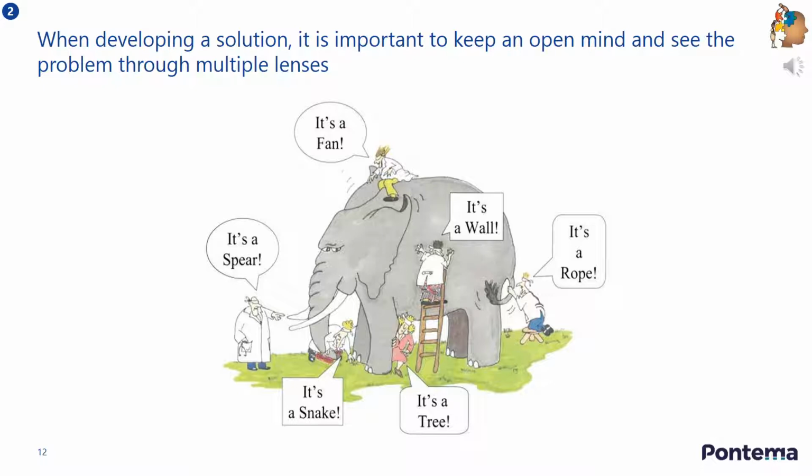The fourth and final success factor relates to avoiding common biases and errors. When developing a solution, it is important to keep an open mind and see the problem through multiple lenses. While your initial thoughts and previous experiences are useful, do not let them prevent you from keeping an open mind.